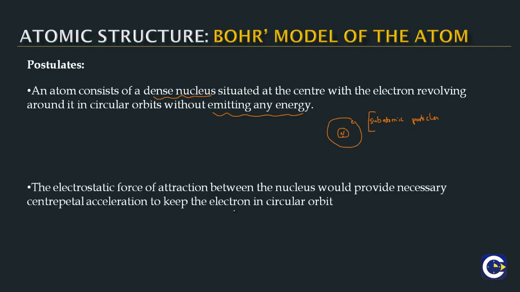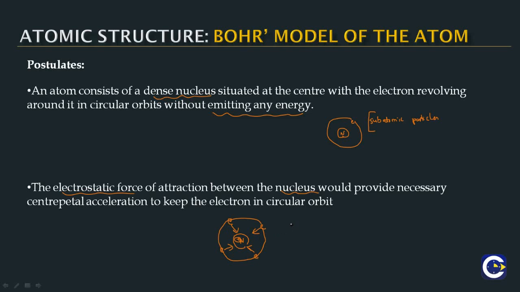And the second assumption, which is also there in Rutherford's model, is that the force required to keep the electron in the circular path is provided by the electrostatic force of attraction between the nucleus and the electron. Since the electron is negative and the nucleus is positive, the electron will be attracted towards the nucleus by the electrostatic force. So wherever the electron is present, the force will be towards the center, and this force provides the necessary centripetal acceleration to keep the particle in the circular path.